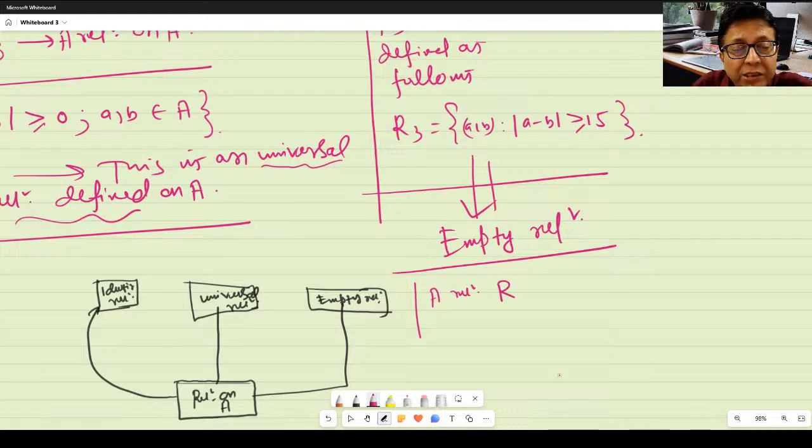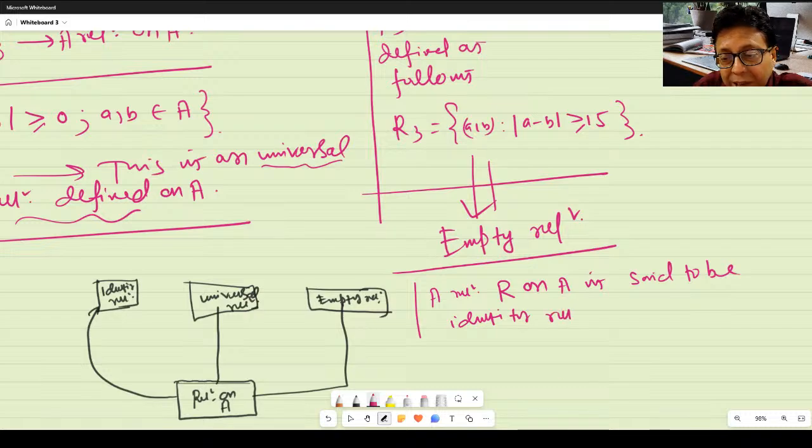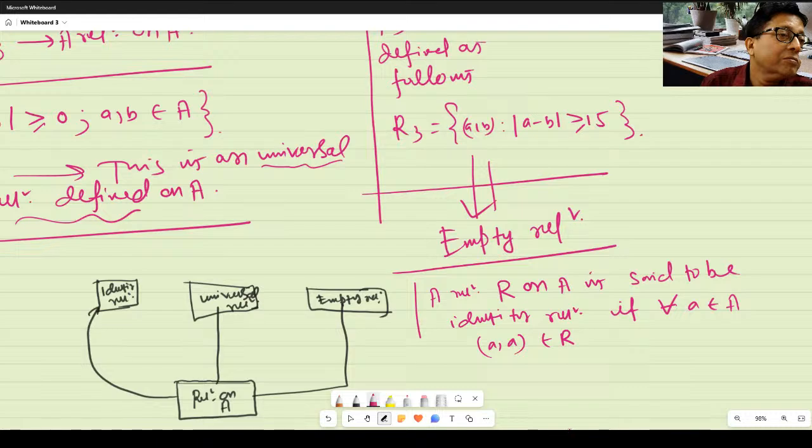So let me give you the formal definition. A relation R on A is said to be identity relation if for all a belongs to A, (a, a) belongs to R. Okay?